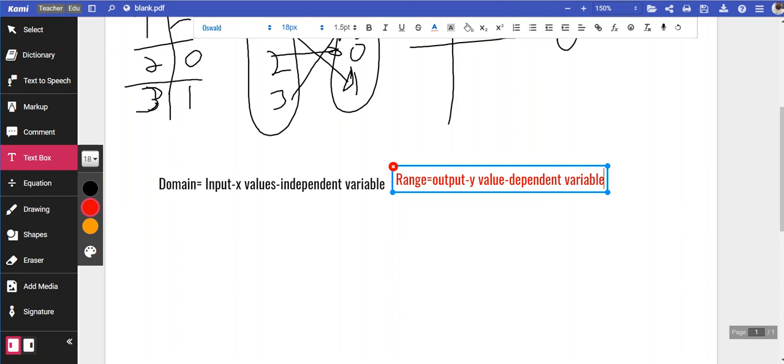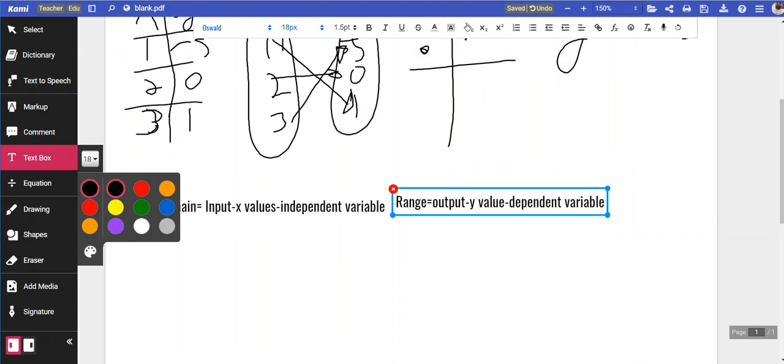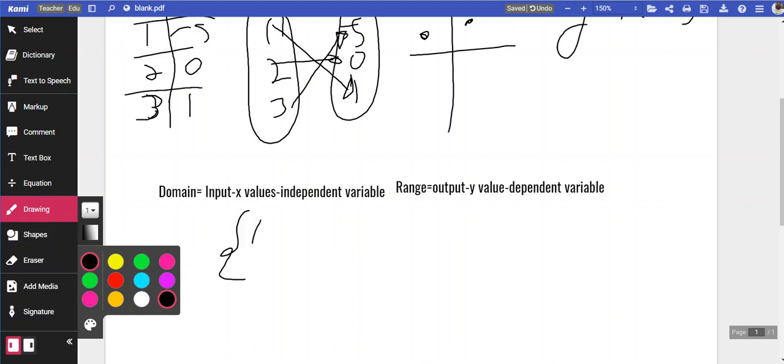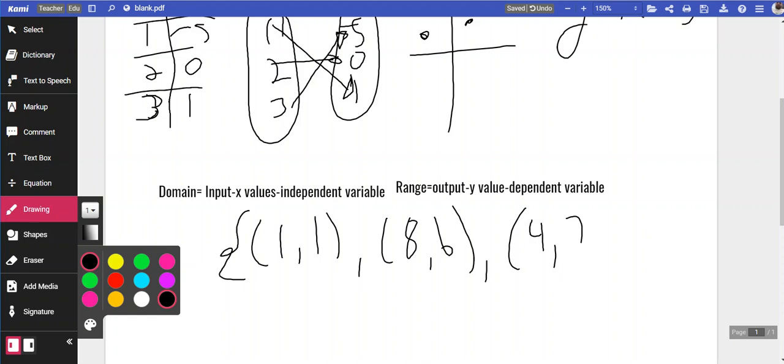Okay. So realistically, when you're given the domain and range, like in an ordered pair, if I give you something like (1, 1), (8, 6), and (4, 7), that's your ordered pair, or that's your relation right there.